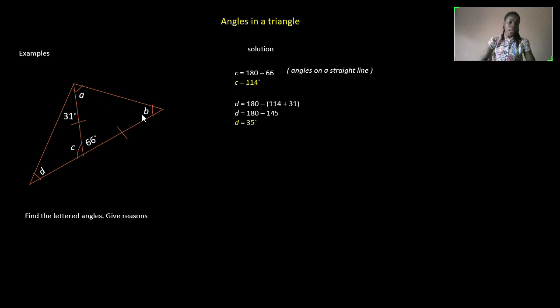So you can say angle A is equal to angle B. So let our A be B and let our B be A. So after we have gotten the answer, we are to divide it by 2 to know the value of our angle A and also the value for our angle B.